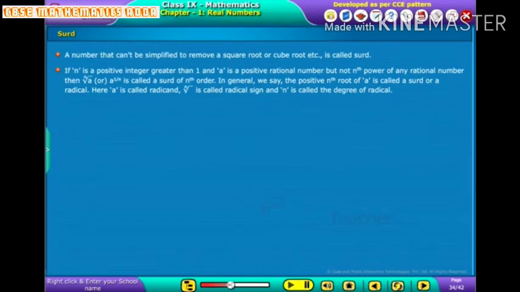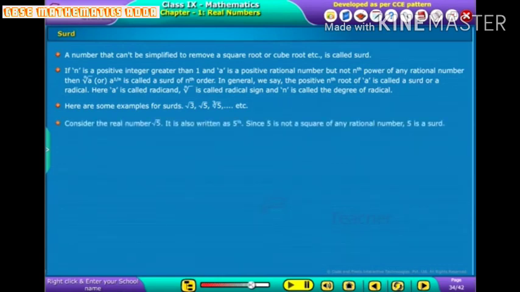In general, we say the positive nth root of a is called a surd or a radical. Here a is called the radicand, the nth root symbol is called the radical sign, and n is called the degree of the radical. Here are some examples of surds: root 3, root 5, cube root 5, etc.